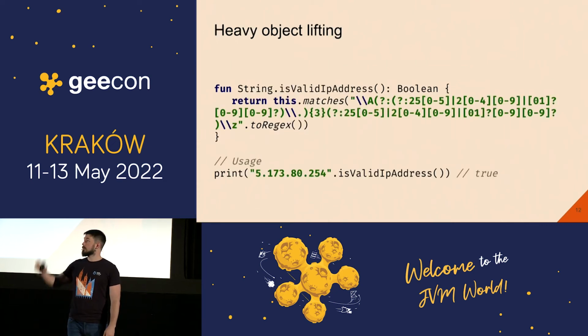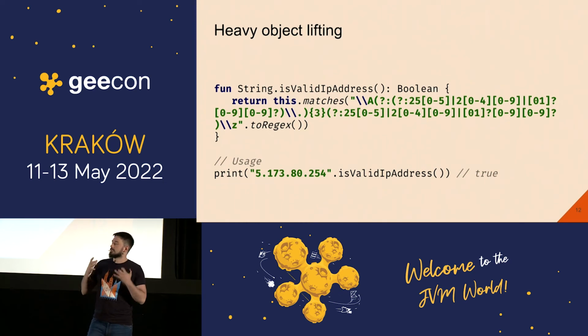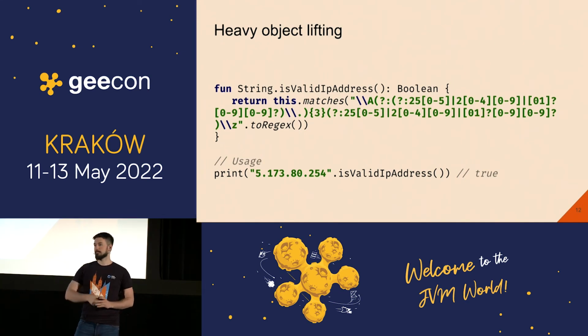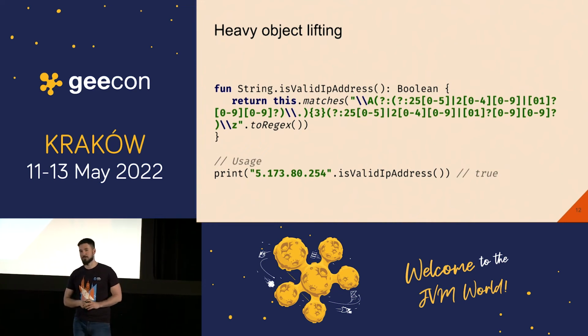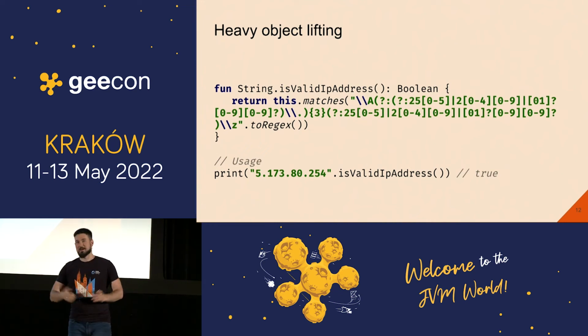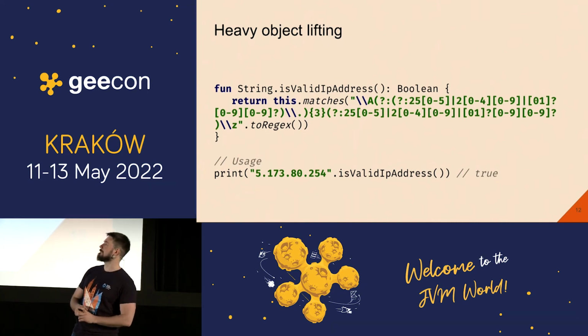Another example, imagine that you need to find out if a string represents a valid IP address, and what's wrong with this function implementation. You're parsing the regex every time.